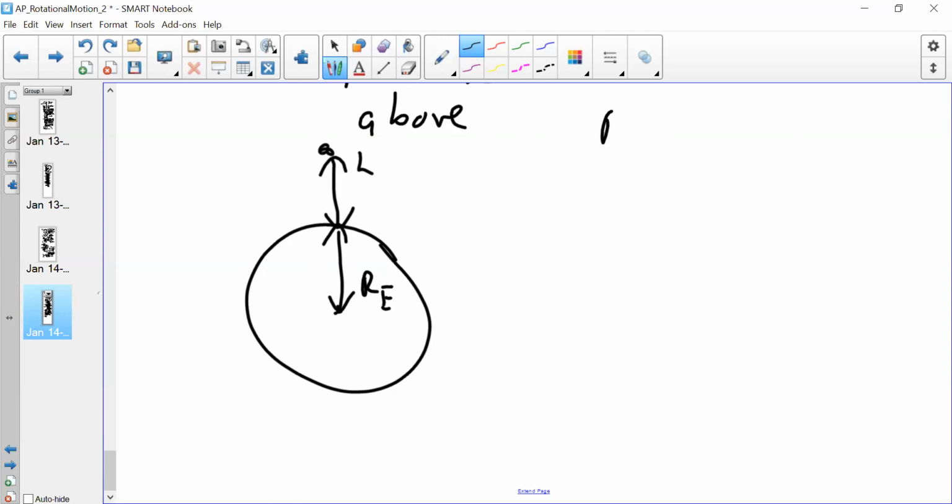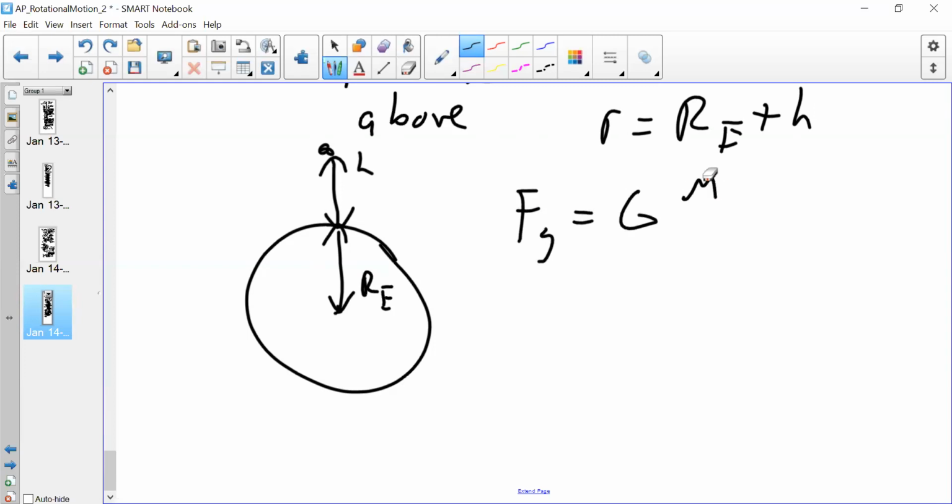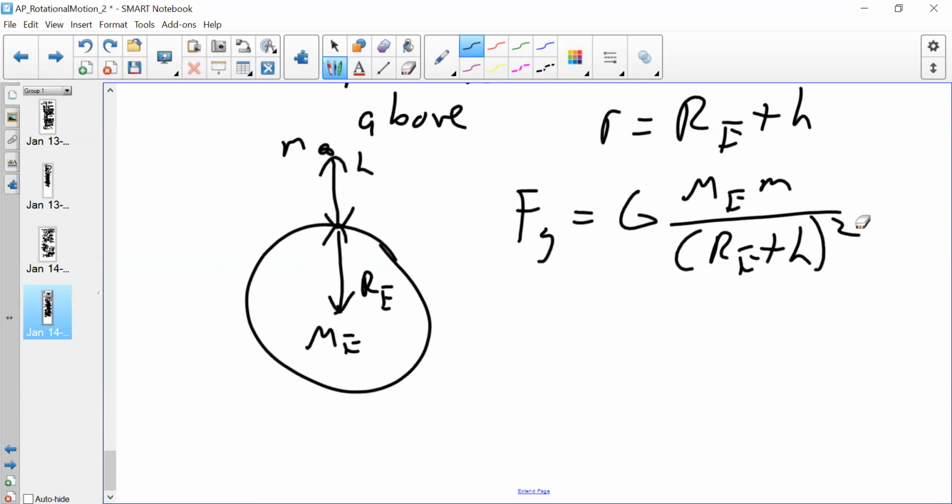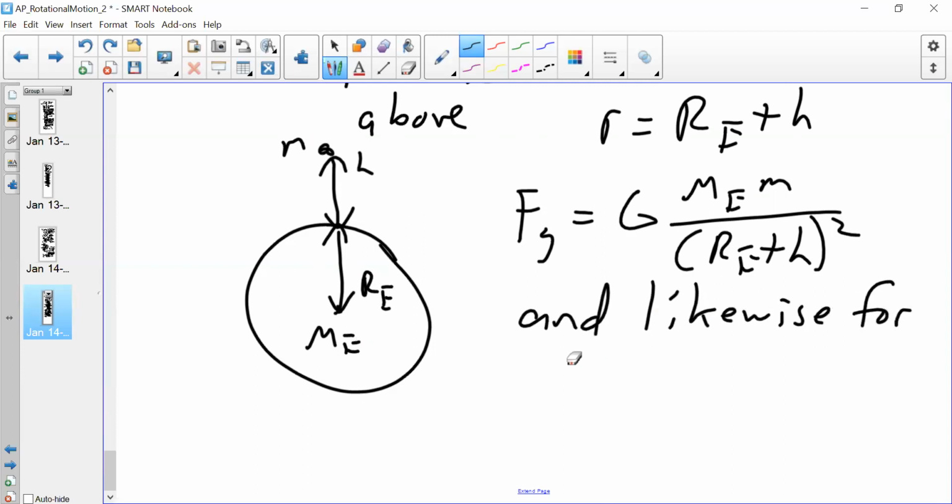So the R in the equation of universal gravity is RE plus h, and then we have just an arbitrary mass M and the mass of the Earth. And likewise for the gravity equation, it's the same relationship.